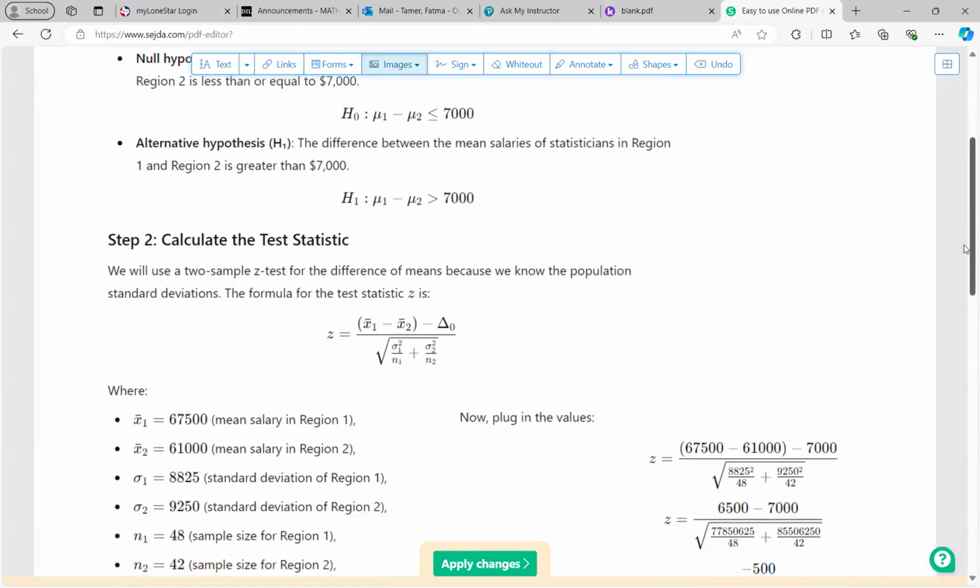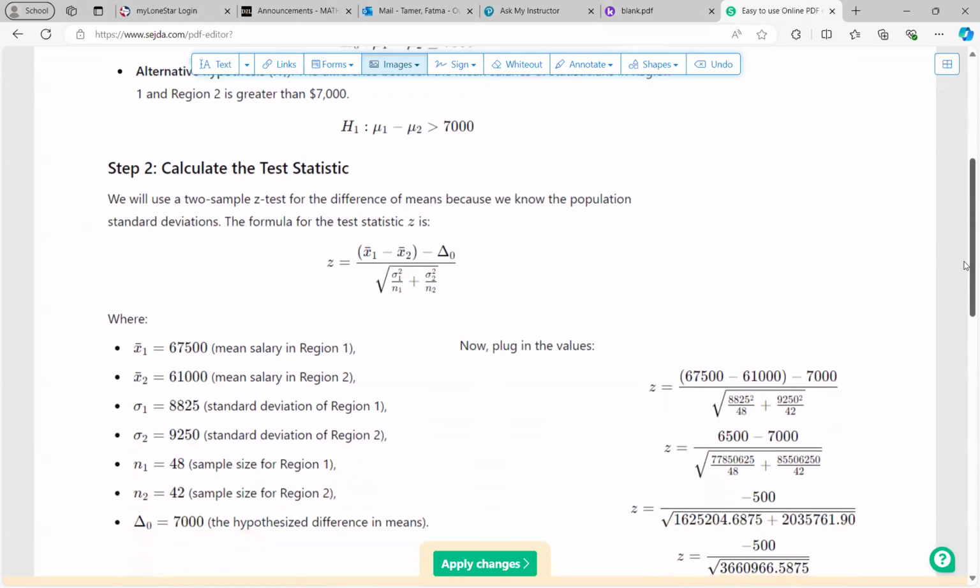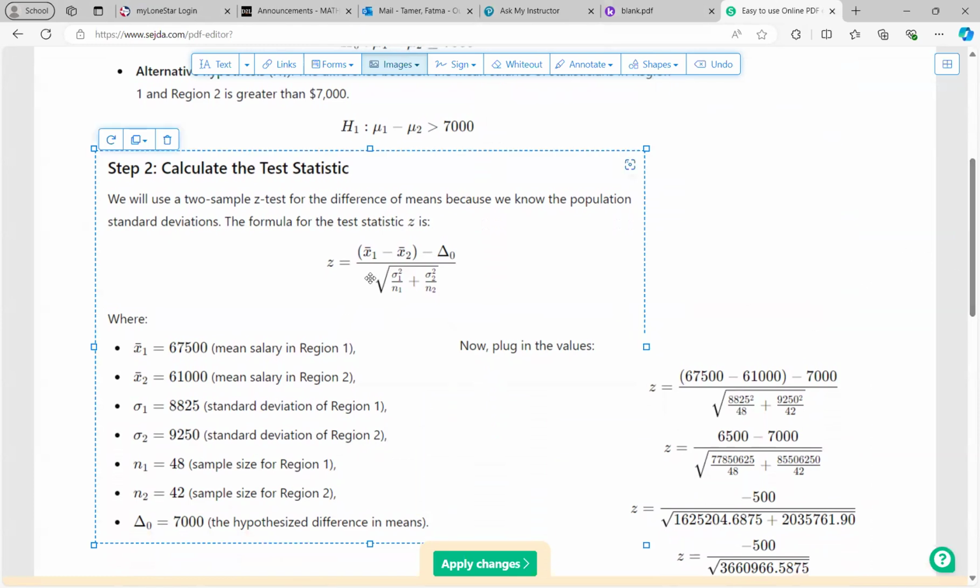Now, we're going to use a two-sample z-test for the difference of means because we know the population standard deviations. The formula for the test statistic z is: z is calculated by subtracting the two average values, and then subtracting delta 0 from this.